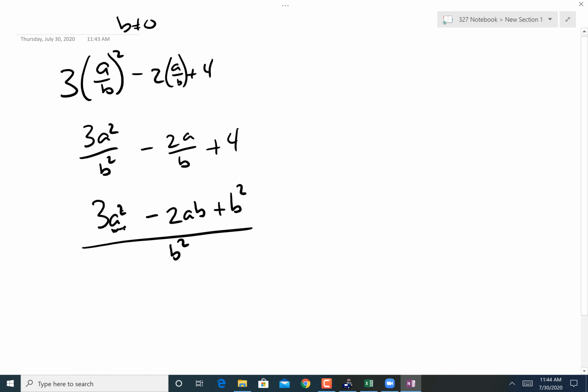When you square an integer, you get an integer. Times 3, you get an integer. Integer minus integer plus integer is an integer, over an integer. That is by definition a rational number.